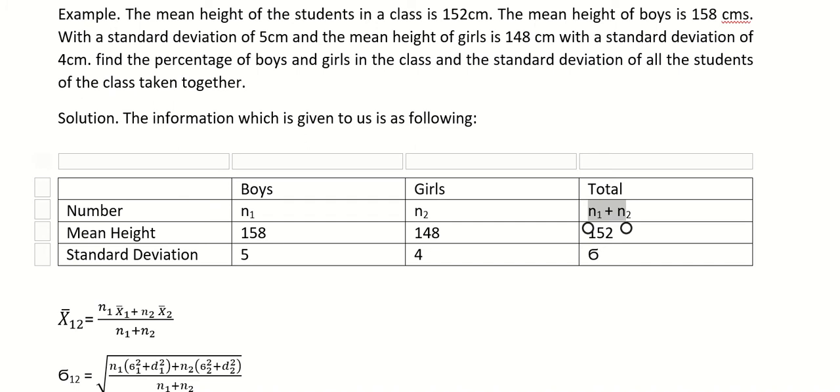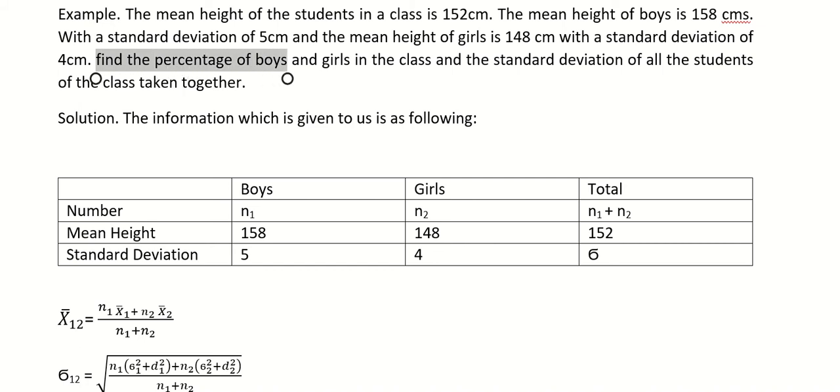So here what we will do, we'll see what the question wants us to calculate. The question says that we have to find the percentage of boys and girls in the class, right? Not the number of boys and girls but the percentage of boys and girls, and the standard deviation of all the students of the class together. So combined standard deviation. So two things we have to calculate.